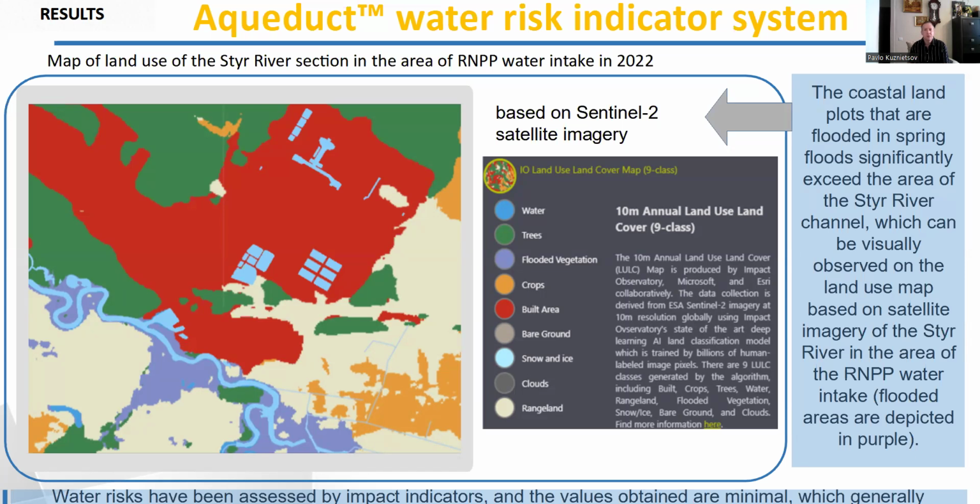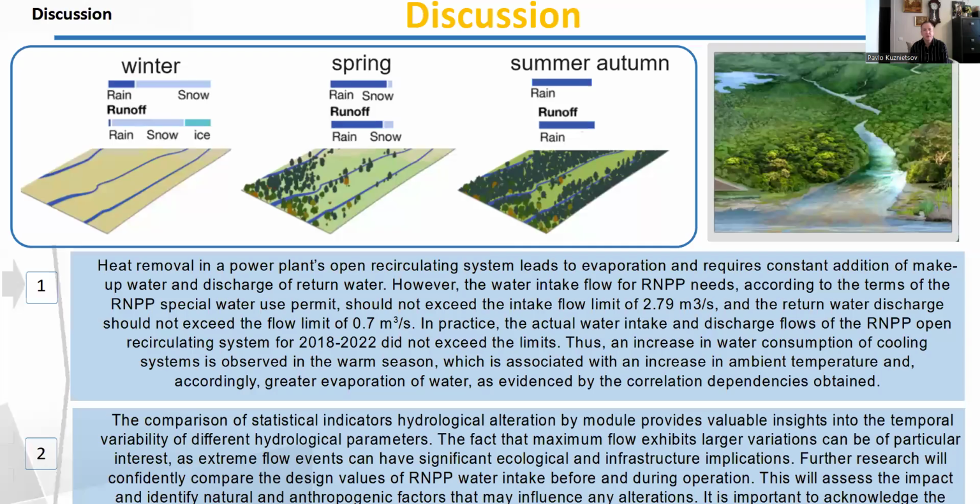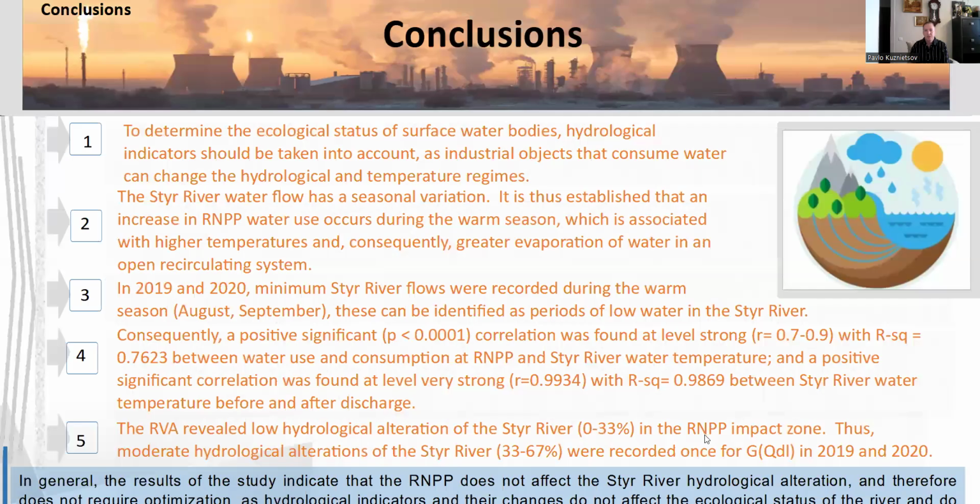To determine the ecological status of surface water bodies, hydrological indicators should be taken into account, as industrial objects that consume water can change the hydrological and temperature regimes. Therefore, the Styr River water flows have seasonal variation.